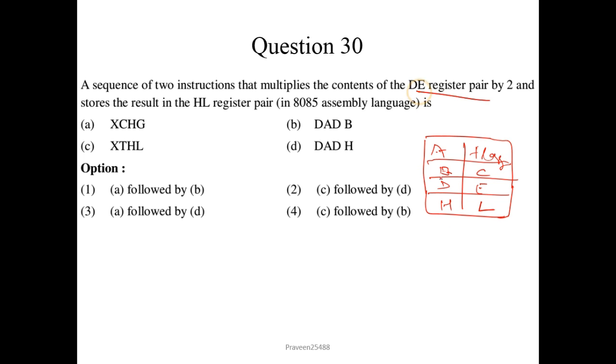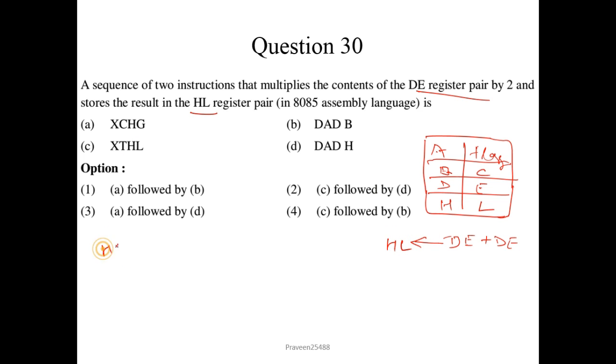So here we have to multiply the D register pair by 2, means we have to double the contents of D register and store the result into HL.